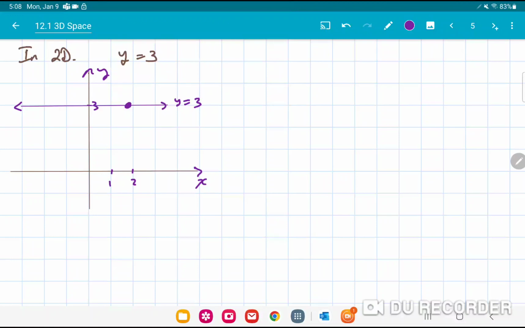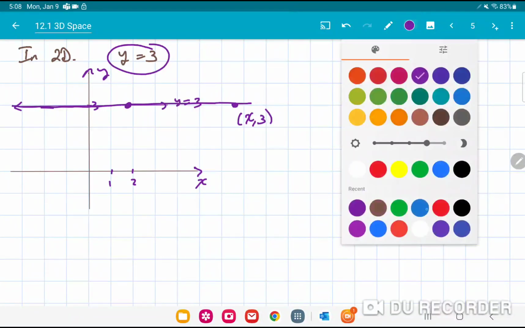So pick any point whose second component is 3. It's on the line. I don't care about the first component. That's what this is saying. I am forcing you to pick 3 for the y component. So every point on this line has its y component equal to 3. So that's that horizontal line.